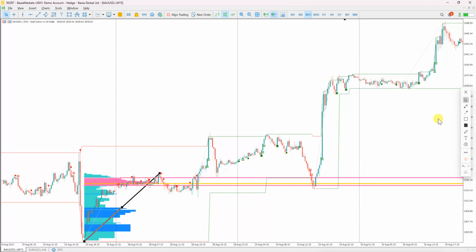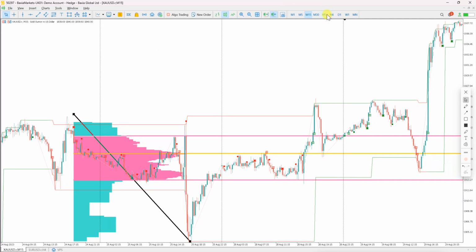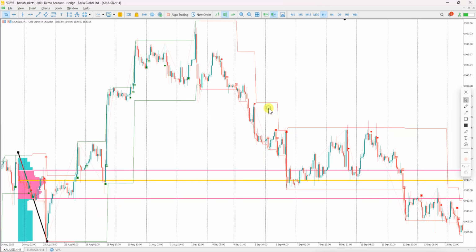It grabbed the lowest liquidity here, the lowest volume profile node, and it broke high. Now let's go to the 1 hour time frame.